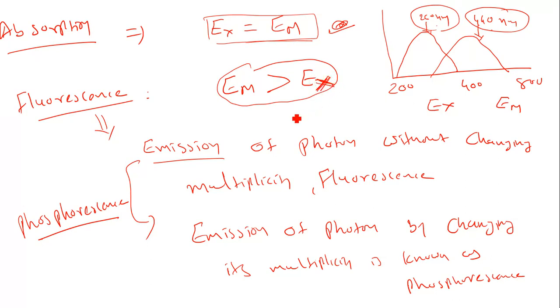Second, the definition of fluorescence is emission of photon without changing its multiplicity. That means S1 to S0 without changing its multiplicity is known as fluorescence. Phosphorescence is emission of photon by changing its multiplicity.